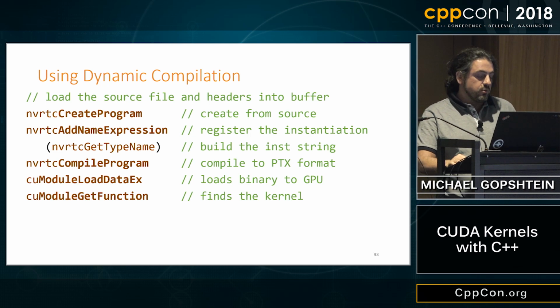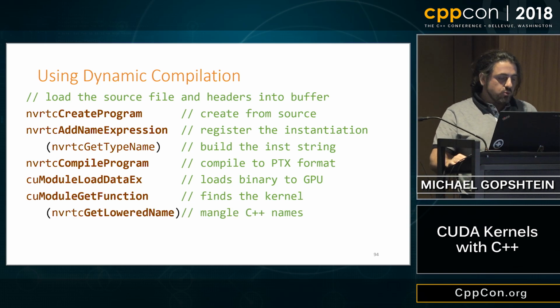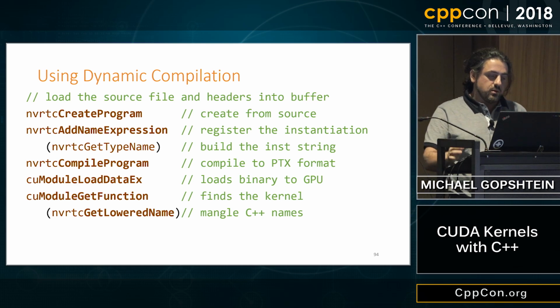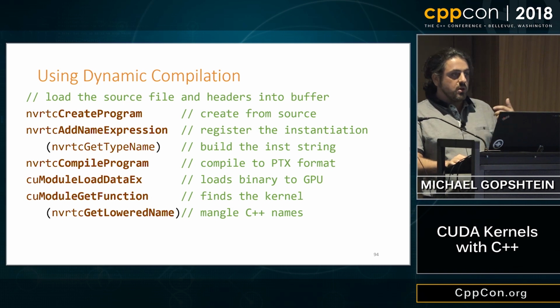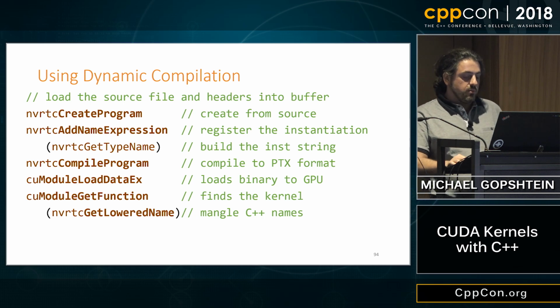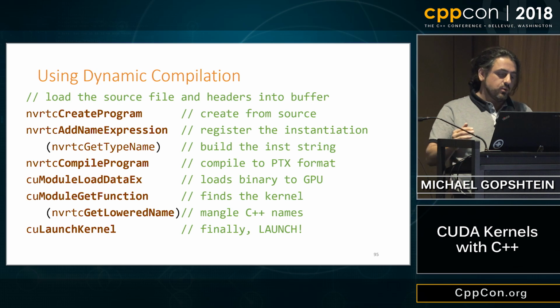That's easy for C functions, but for C++ functions, we need to do the mangling of the names. But also, it's very easy. As part of the package, we can use a special function getLoadedName, which takes a name of the function as a user would see it. And we need to use the same name of the function as we have previously registered in the add name. And now we can get the mangled name and use it for the module get function. And finally, we can launch our kernel.